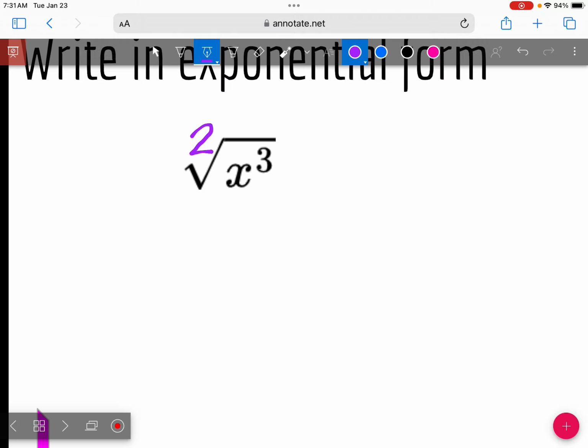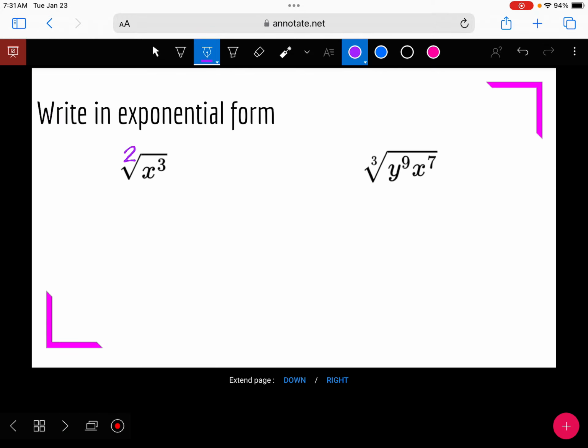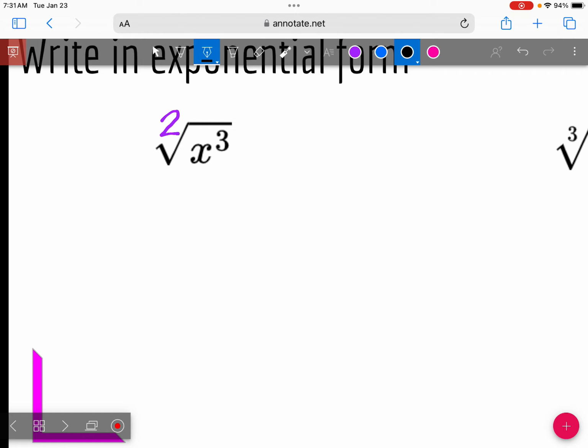Square roots won't have a number written there, but they do still have an index of 2. So when we write this into our exponential form, our base is still the same. We still have x to the power of 3 over 2. Power over index.